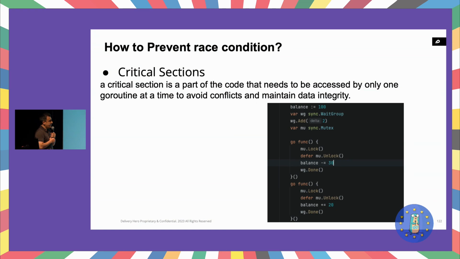Second, when we have shared resources at the programming level, detect them and create a critical section. Critical section is a very broad topic that we need to be aware of. In a critical section, when we have a shared variable or shared resources, we prevent Go routines from going inside together, and just let them go inside one by one.